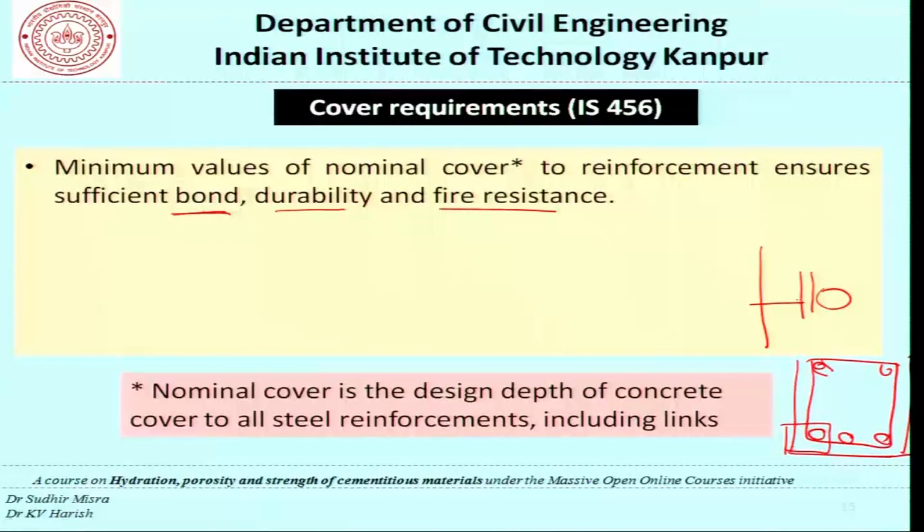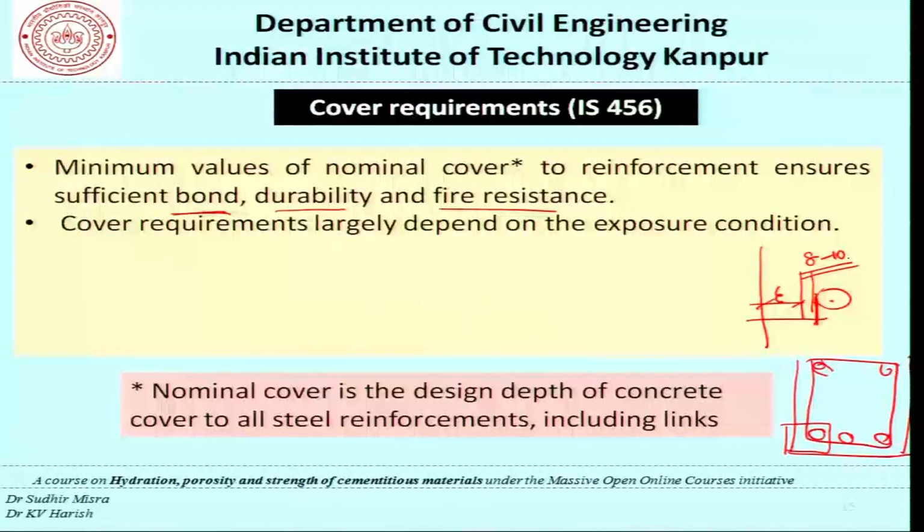So, the cover is not really to the main reinforcement, which is this much, but the reinforcement in the stirrup. So, there is this difference between the cover to the main reinforcing bars of a member and the cover to the nearest steel surface. So, even though it may be just about 8 to 10 millimeters, that is something which is important when we come to the cover, because the total values itself are just about 30 to 40 millimeters, as we will see.